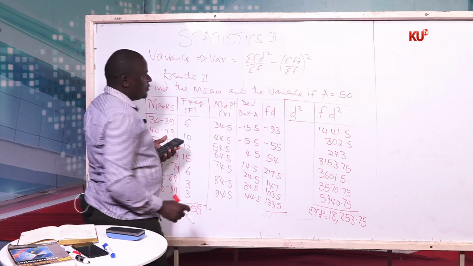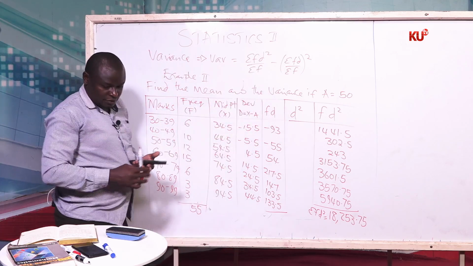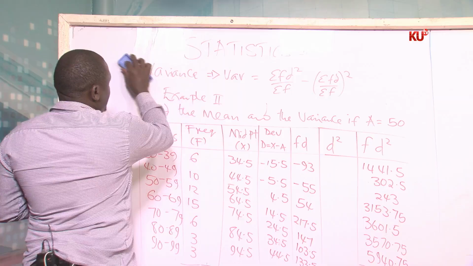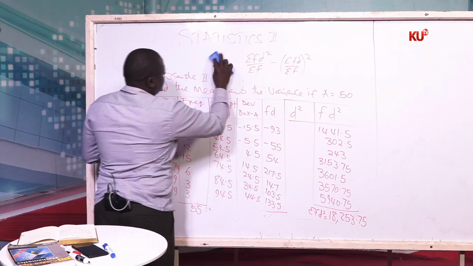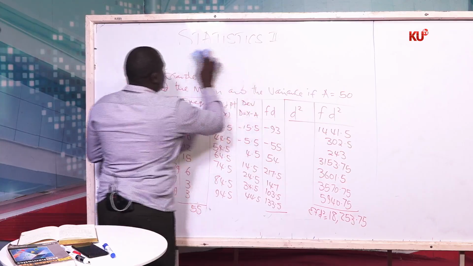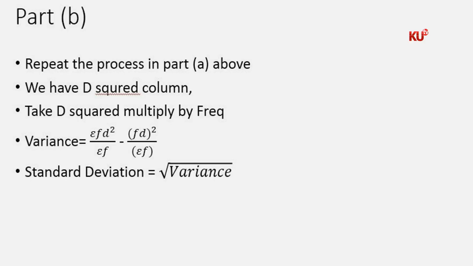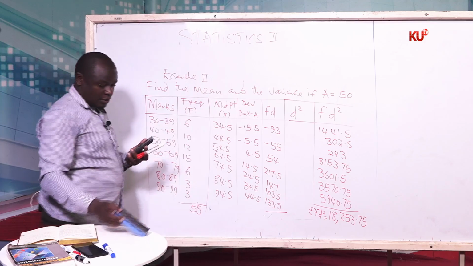We are going to replace them here as follows. Let's do that. Because of space, I'll need to rub that. So variance is given here by, no, we want to first of all get the mean.